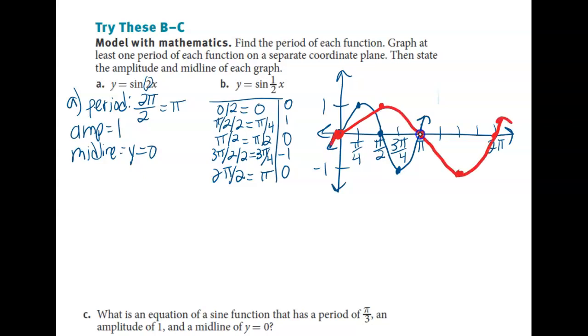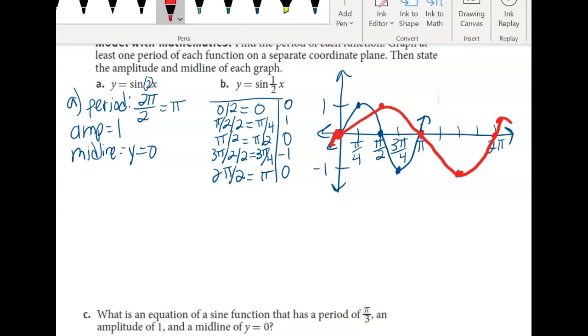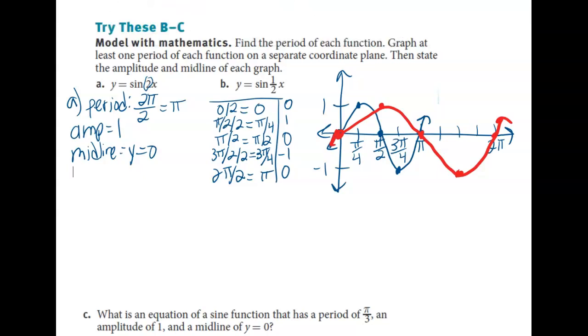So just for reference again, this new graph is actually completing 2 cycles. If I wanted to keep going, I could continue this pattern: up, midline, down, midline. Just to show those 2 cycles in the time that it took regular sine to do 1.